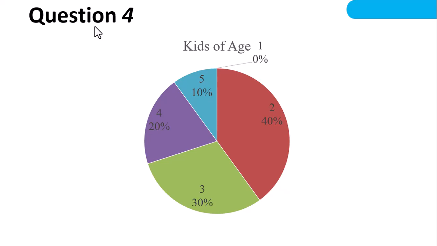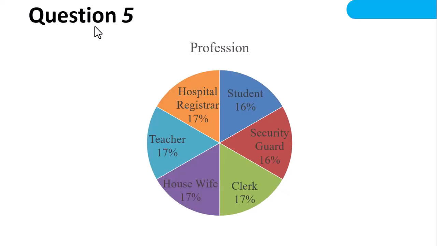All the pupils that I have selected for the interviews belong to different professions: one is a hospital registrar, 16% are students, 16% are security guards, and 17% are clerk, housewife, and teacher.